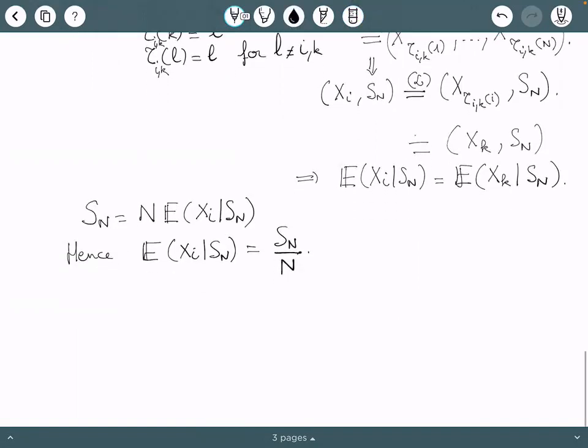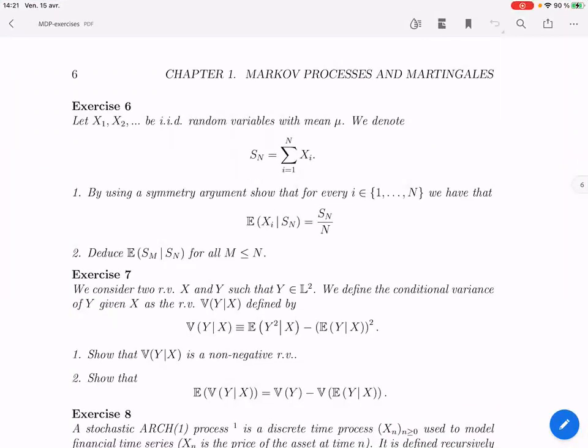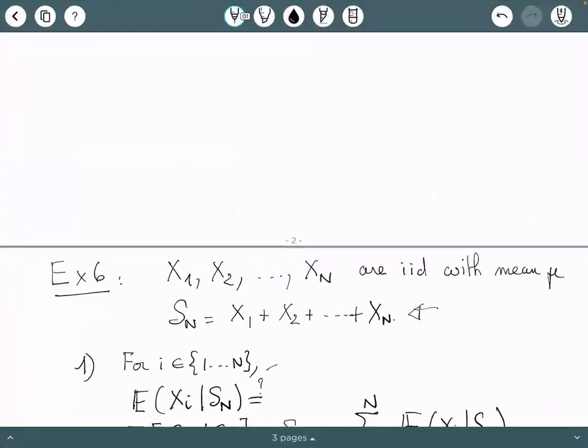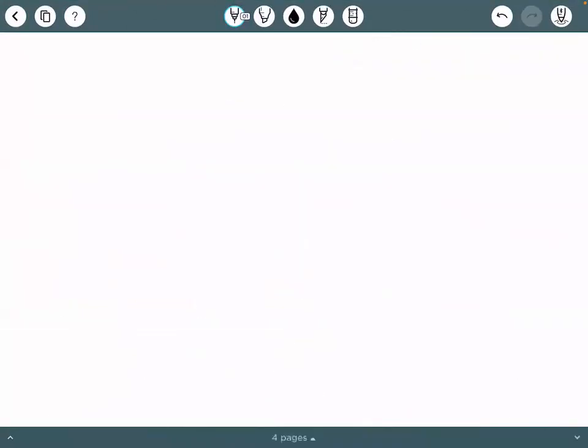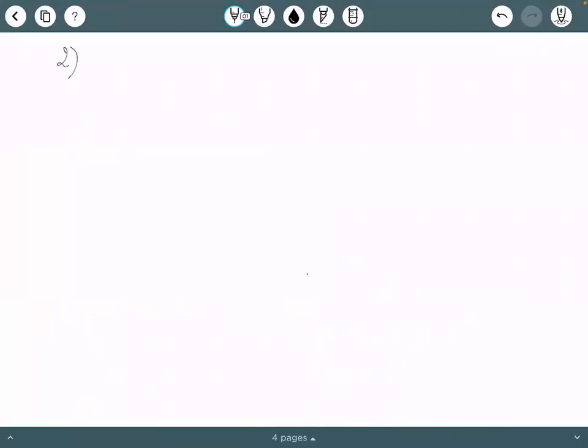Okay, I think that is the second question in this exercise. We fix m less than n, and we have to deduce the law of Sm given Sn, and m is less than n. So we have to compute the conditional expectation of Sm given Sn.